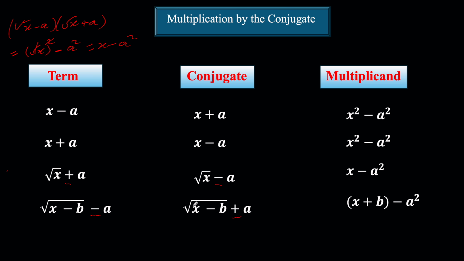When we have the square root of x minus b minus a multiplied by the square root of x minus b plus a, we follow the difference of squares, so this is equal to the square of the square root of x minus b, minus a squared.